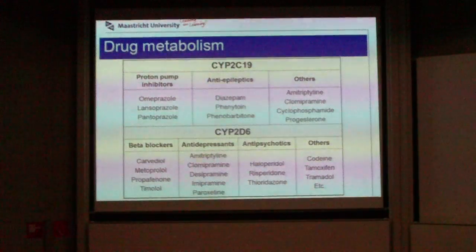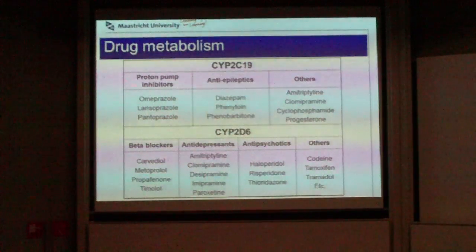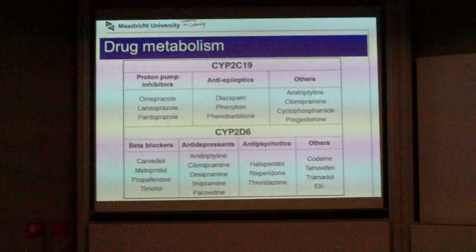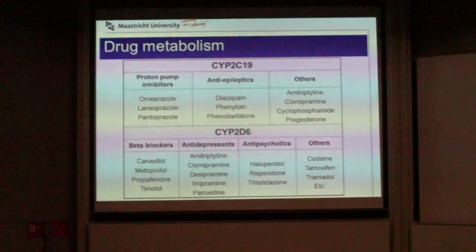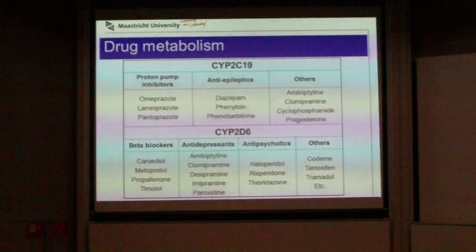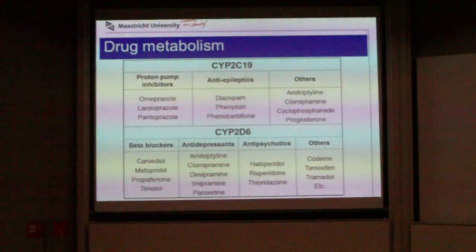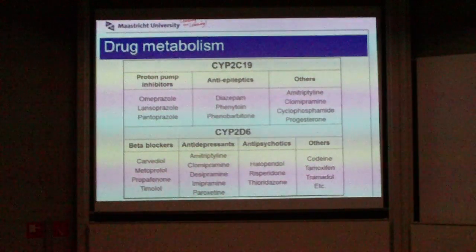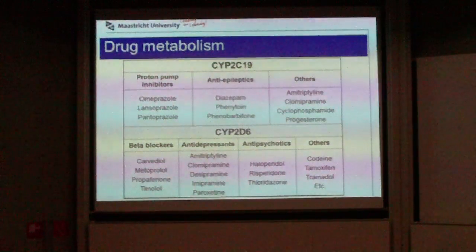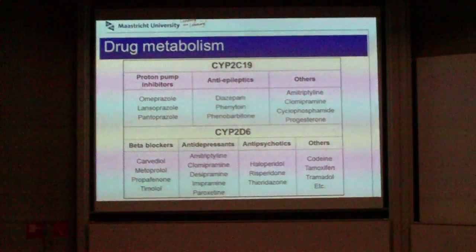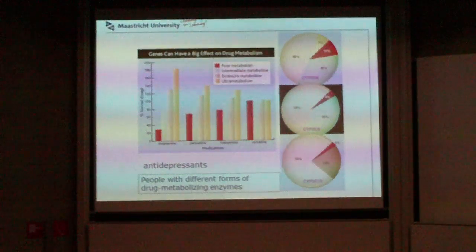This is a lot of names. You have different types of drugs, proton pump inhibitors, lipid-lowering drugs, beta blockers, antidepressants, that are chemically modified, metabolized by certain cytochrome P450 variants, and these can be polymorphic, which means they have small differences, which implies that they work more rapidly or less rapidly.